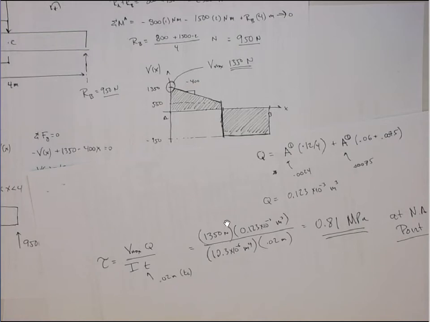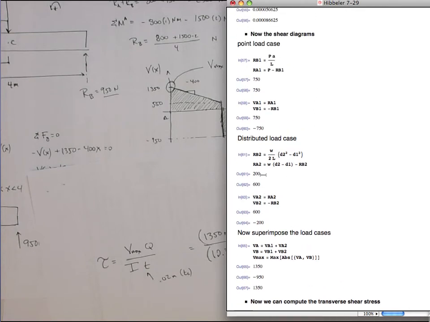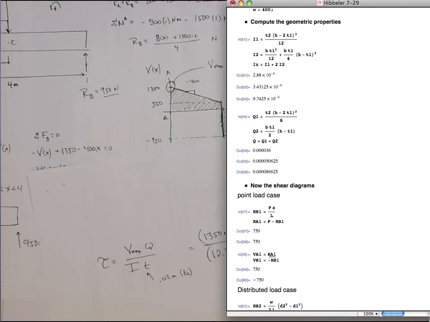And if I have an error in that equation, then it'll be wrong. But if we look, you can see actually we get the V at A and the V at B correct. We pick the max one. So this all seems to work. So I really wouldn't spend too much time looking at all this stuff where I compute the reaction forces and then the V's, okay? Because that gives me the same answer that I got by hand.